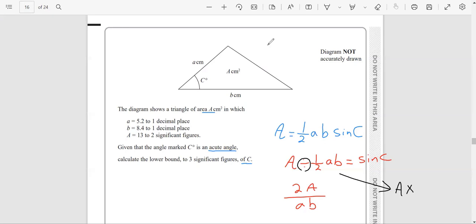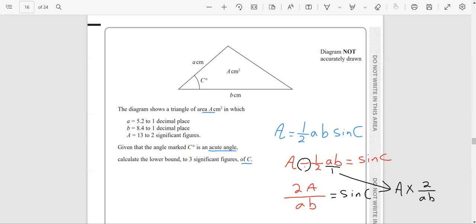It can be multiplied by the half, which will be 2, and AB will be in the denominator. That's denominator 1. So instead of dividing by AB over 2, it can be flipped. So it will be A times 2 over AB.